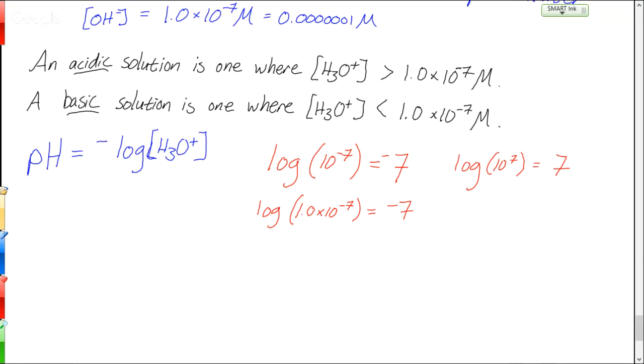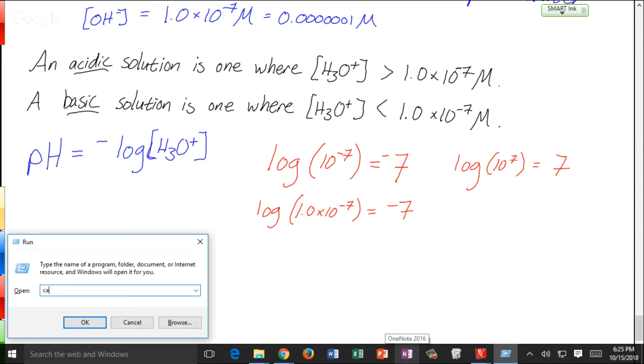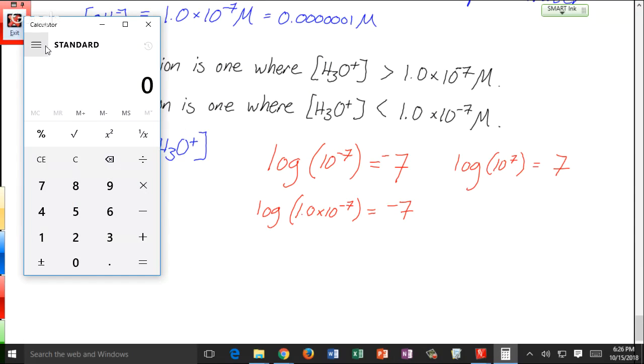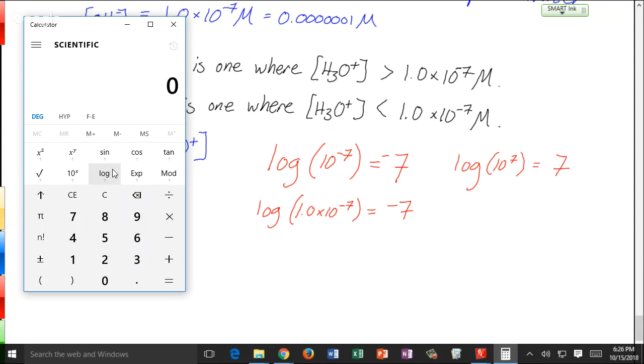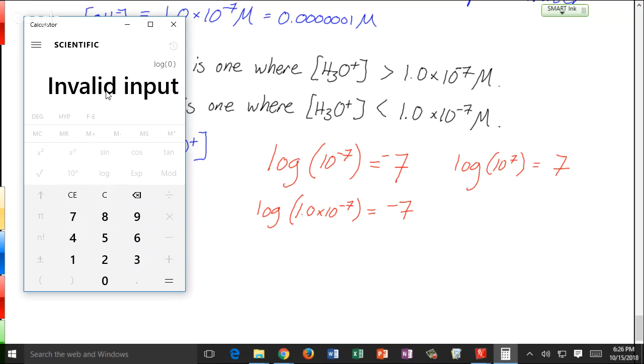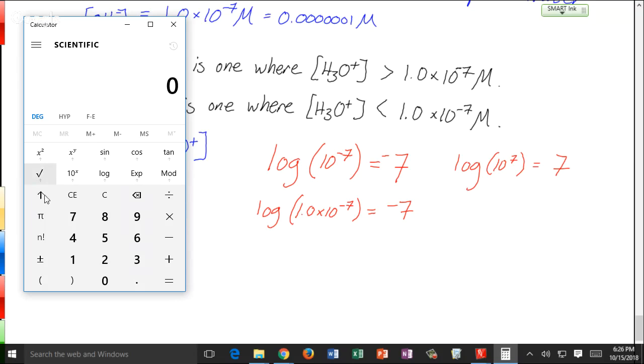All right. Other scientific calculators, like I think the one on the computer here, are a little bit different, because if you try to click log, it says invalid input. On these types of calculators, and you may have one also, you put in the number first, and then you push what you want to do the operation on. So in this one, we would put in the exponent first.